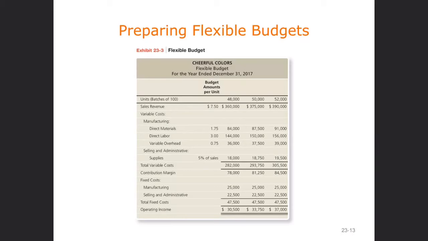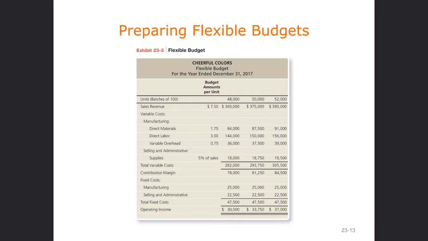So we expect for each unit that we sell, it's going to be $7.50 of revenue. And the units, which are in batches of 100, are listed up here. So if you take $7.50 times 48,000, that should give you the $360,000.